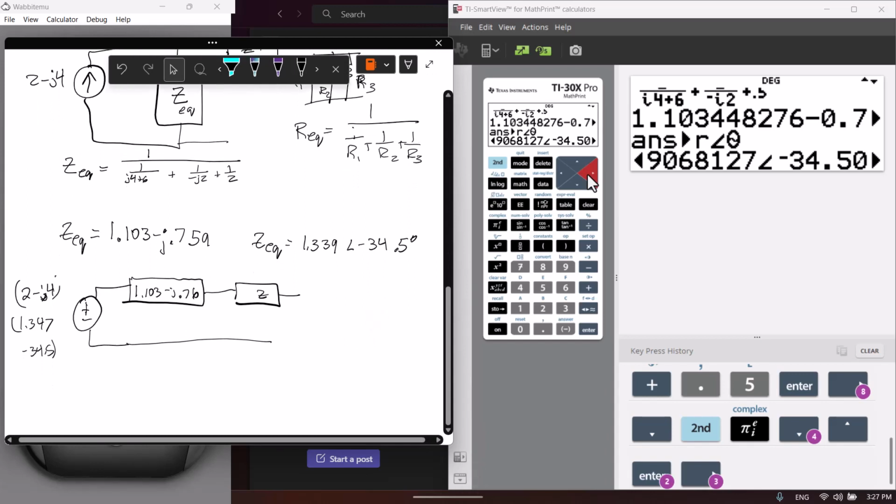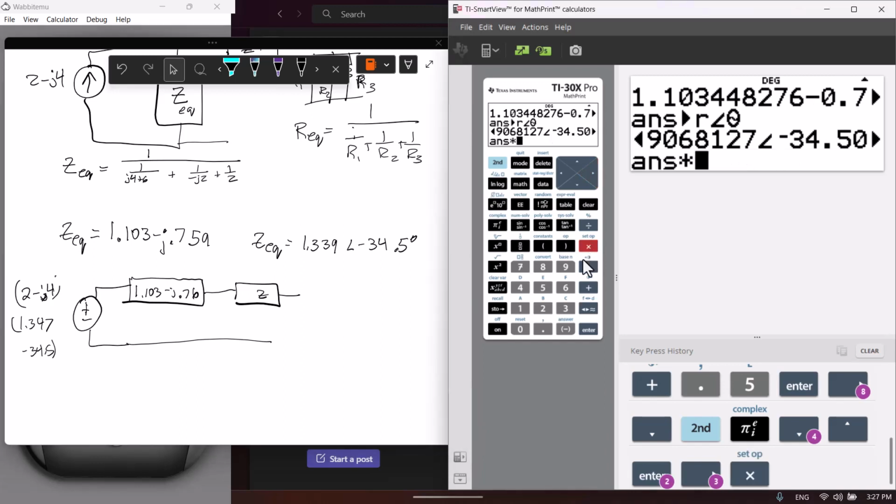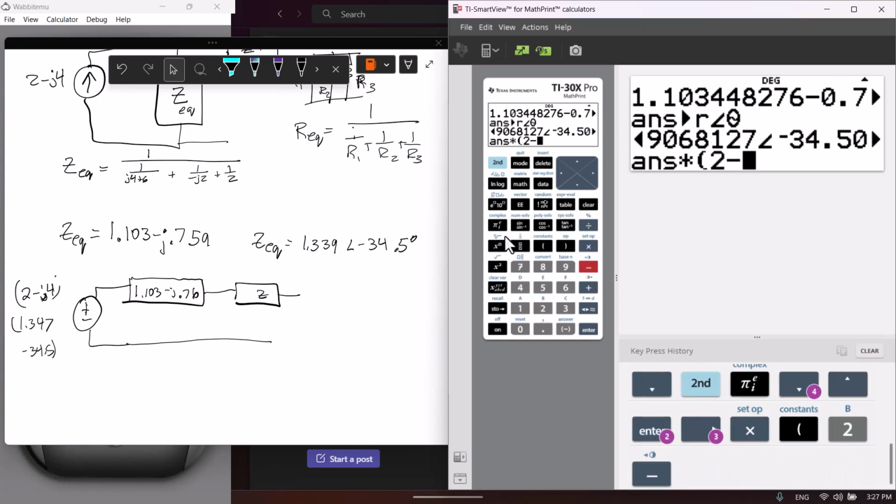Now, I don't actually need this voltage over here, but just to be complete, I'll figure out what it is. So I'll take this number that I currently have in the calculator, which is the impedance, and I'll multiply that times, in parentheses, 2 minus J4.